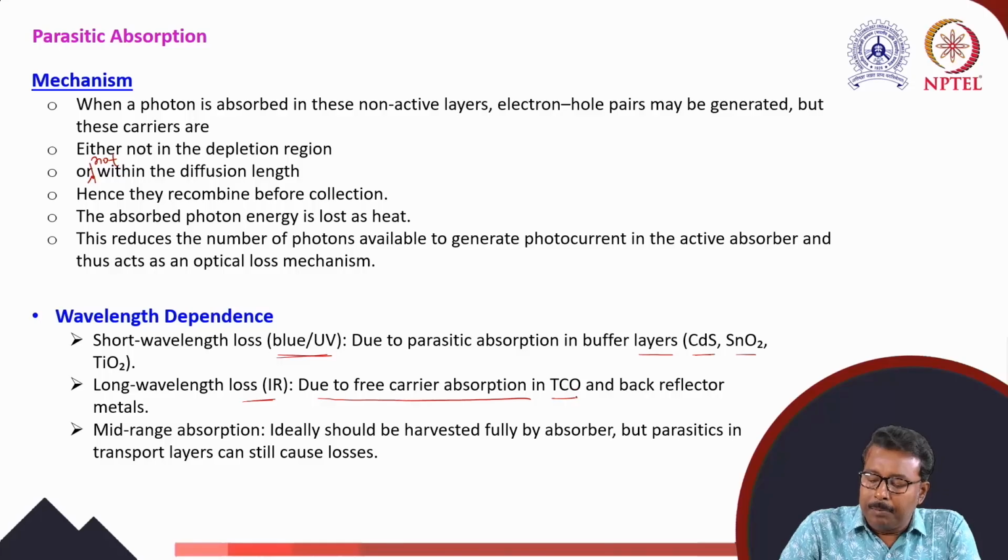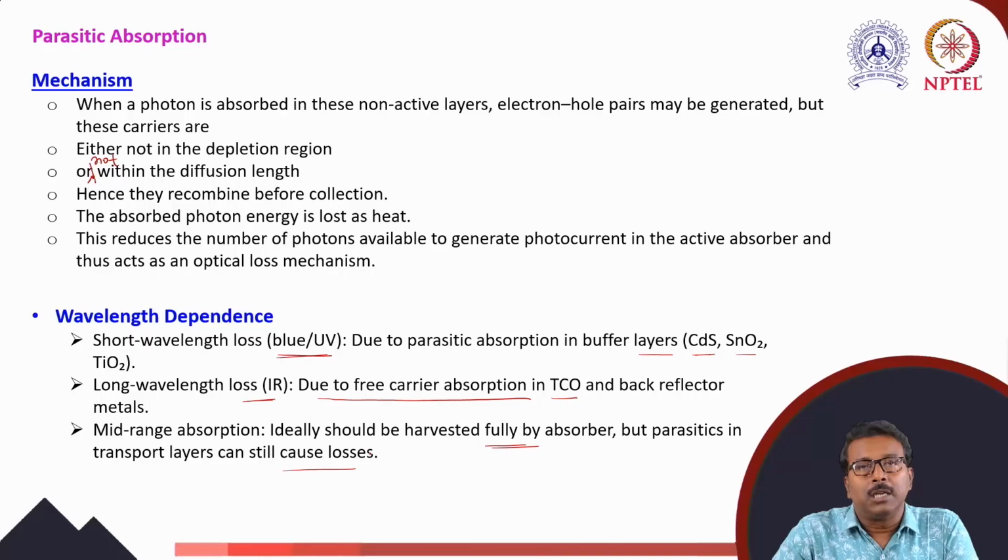TCO, the transparent conducting oxide layer, also sometimes absorbs some long wavelengths and generates some free carriers, but they cannot be separated. And mid-range absorption ideally should be harvested, that is, converted properly to carriers and photocurrent, but parasitics in transport layers can still cause some losses. Transport layers, such as the hole transport layer and electron transport layer, generally absorb some mid-range wavelengths.